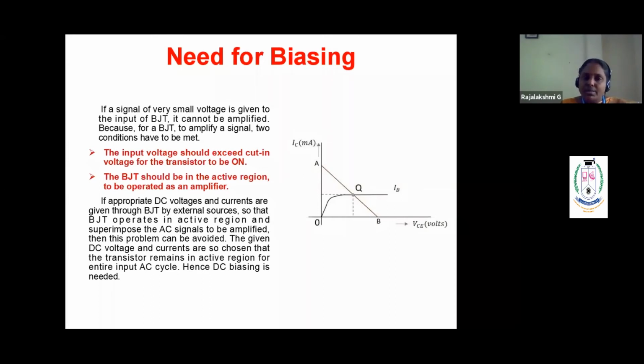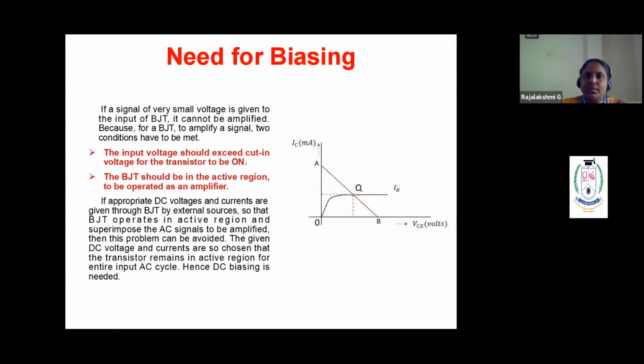You'll be getting the positive half cycle, but the negative half cycle will not appear if we fail to give the biasing. Only with the help of the DC voltages, that is the input voltage, and the other side for reverse biasing we are giving, no. With that only the best amplification could be done, or else we can say faithful amplification could be achieved only if the biasing input is given.